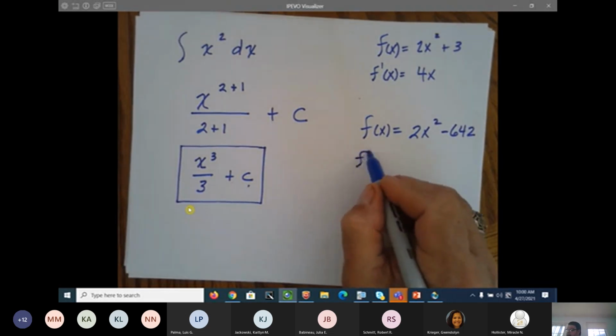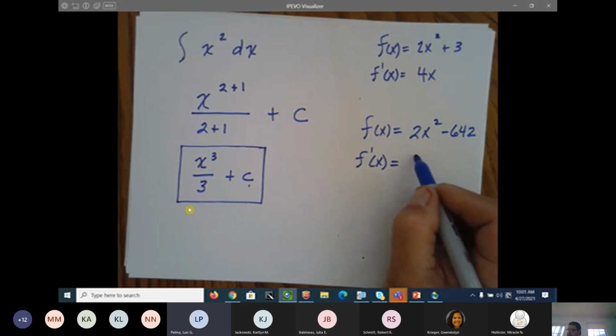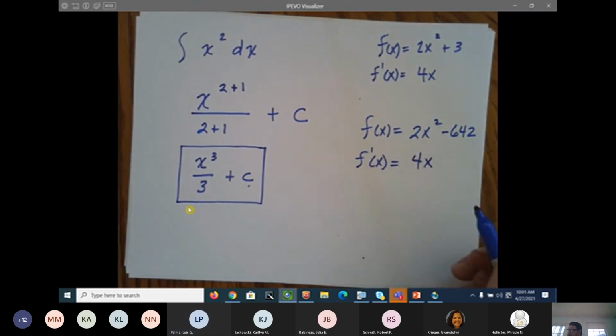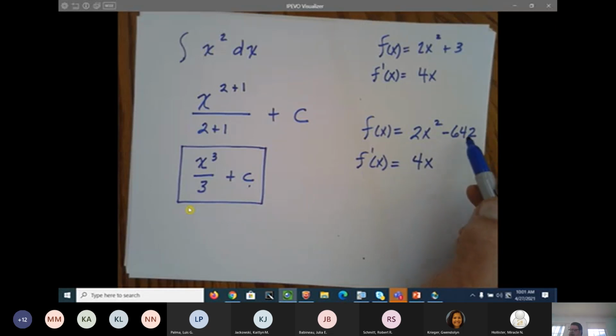What's f prime of x? Still 4x. Wait a minute. Are you telling me that these two are the same? They're not the same. They have different y-intercepts, but they're not the same function.